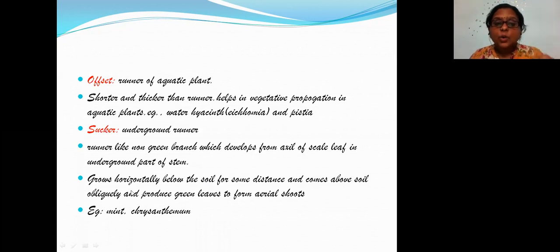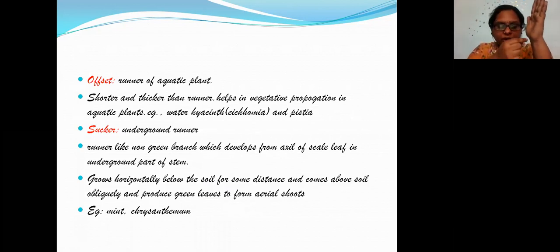It grows horizontally below the soil for some distance and then comes above the soil obliquely and produces green leaves to form aerial shoots. See students, I told you it is the stem. It's developed from the stem which is just down the soil.